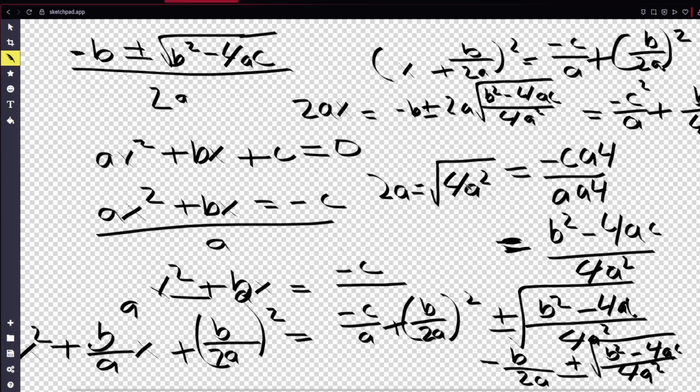I'm thinking. Yeah, I don't know. I guess I'll leave that for someone else to find. I'm sure it's figured out already. But 2a does not equal square root 4a squared. And that's kind of the issue behind it. So, since this is the same thing, we can rewrite this as negative b plus or minus square root 4a squared, which just cancels out, because you can just multiply if it's the same power.